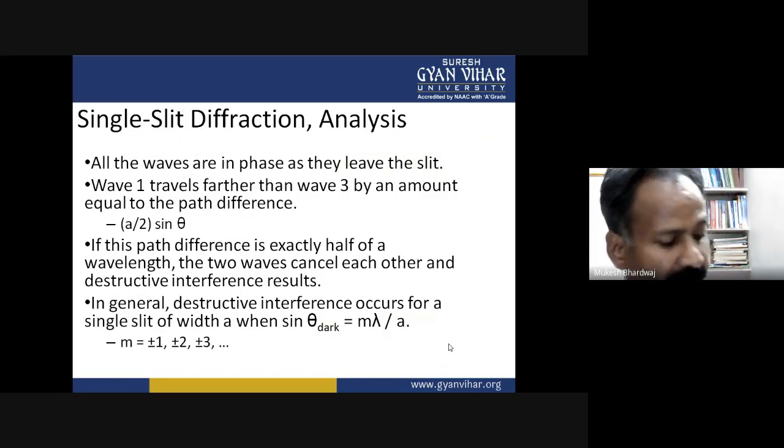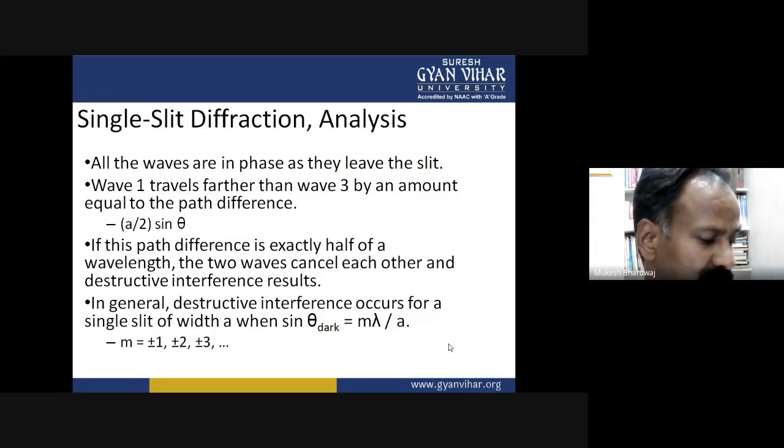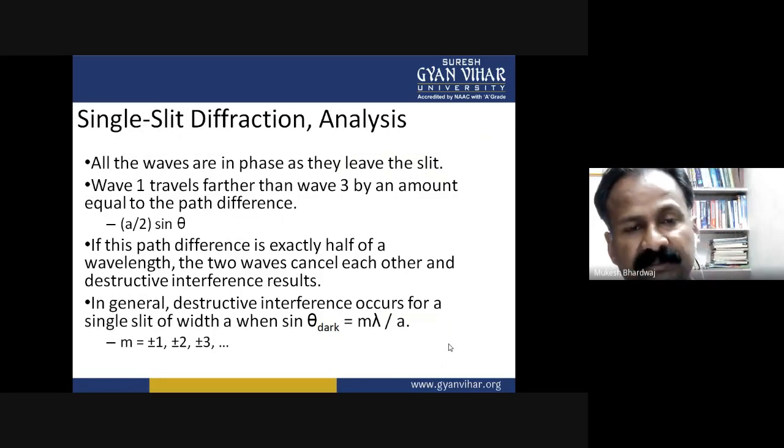Now, I had already told you that there are two types of diffraction. One is Fresnel diffraction and the second is Fraunhofer diffraction.